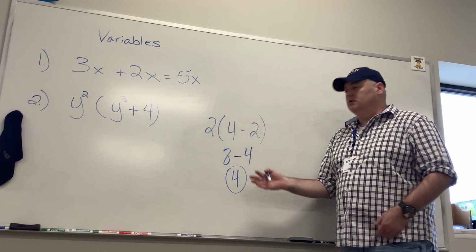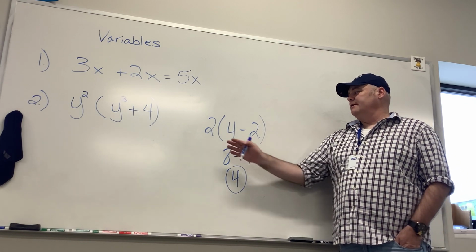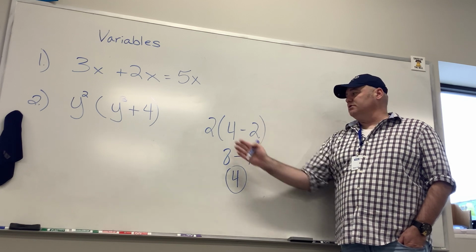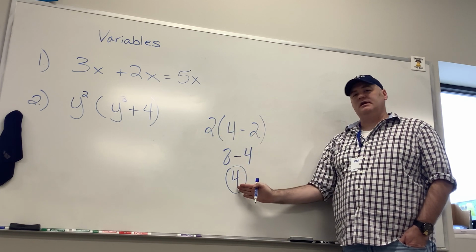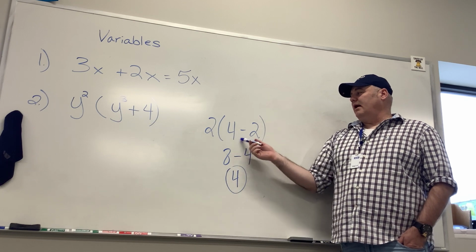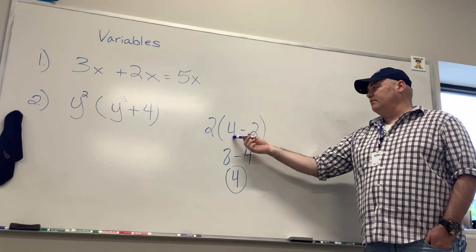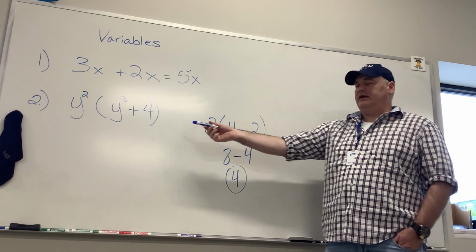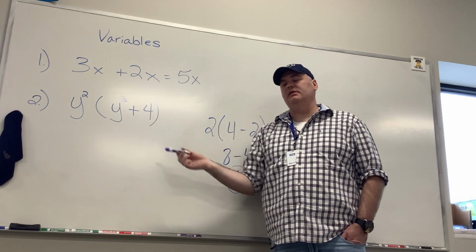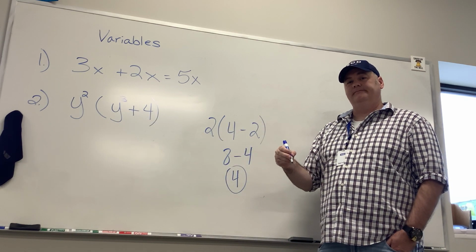Most everybody did really well on this part of the test. You did it as distribution. So you were learning that process of this times this, and this times this, and then combining it. The problem is, I told you the shortcut is I could say, well, 4 minus 2 is 2, 2 times 2 is 4. You can't do that here. I can't combine those like I can combine these. So we're stuck having to do distribution.